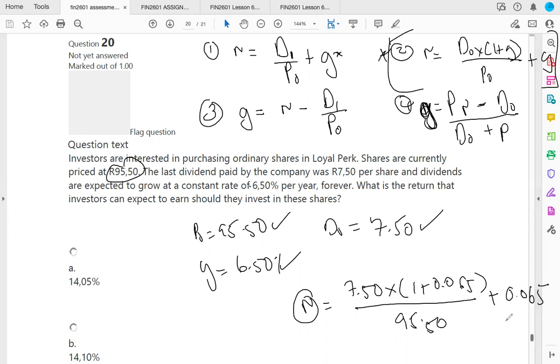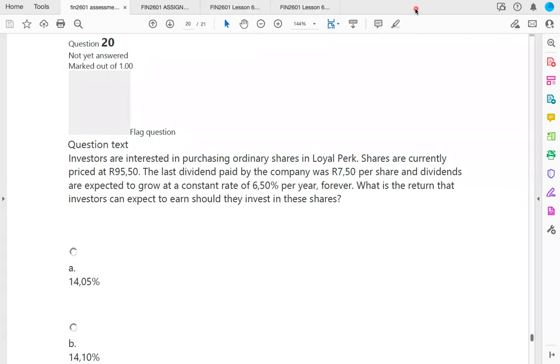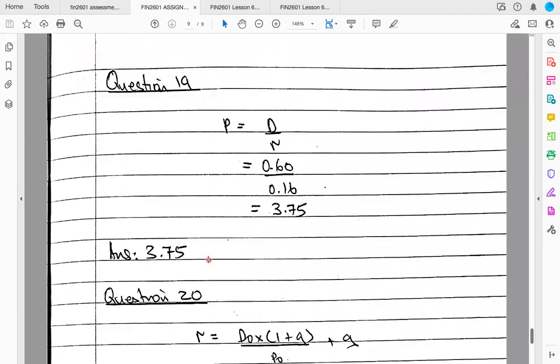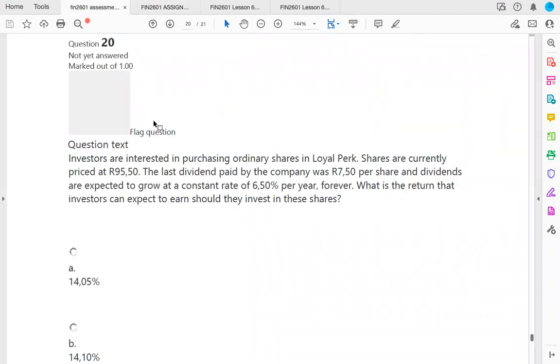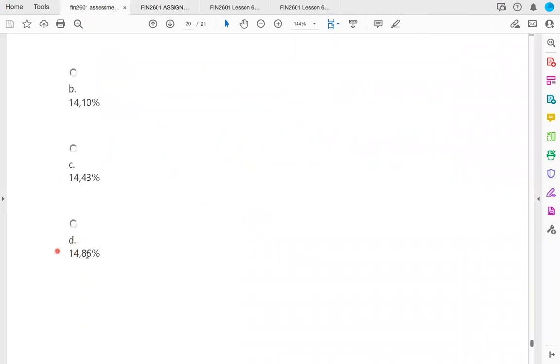And then we can simplify this. Okay, this is question 20. And we get 14.86, which is 14.86%. Okay, so there we have it.